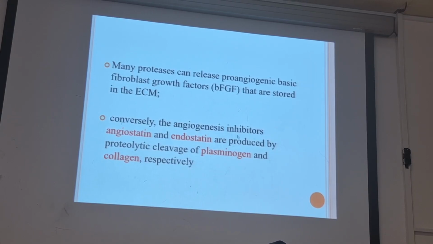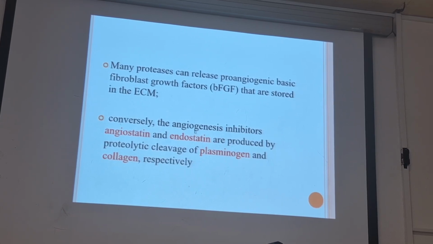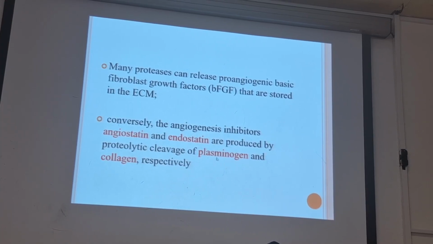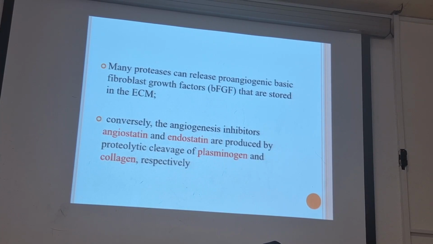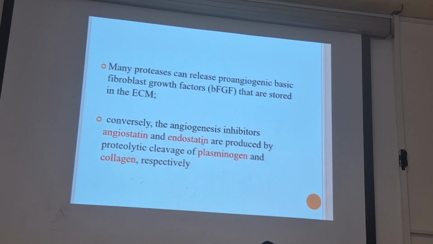Conversely, angiogenesis inhibitors like angiostatin or endostatin, where statin means stopping an inhibition, are produced by proteolytic cleavage of plasminogen and collagen respectively. It means that by cleavage of angiostatin we have plasminogen, and by cleavage of endostatin we have collagen.